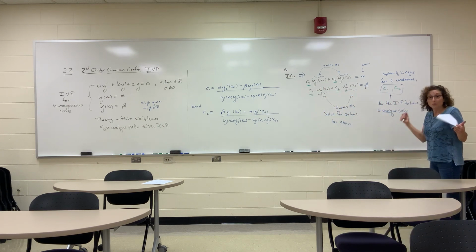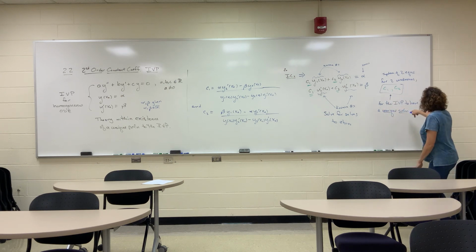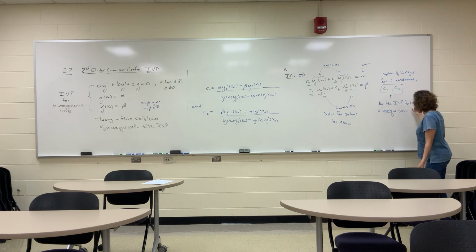There has to be one and only one value of C1 and C2 individually that would satisfy this system of equations, right? So for the initial value problem to have a unique solution that exists, that idea is in there, that exists.